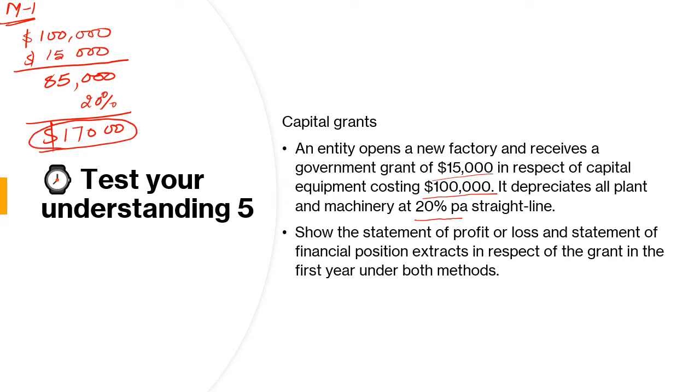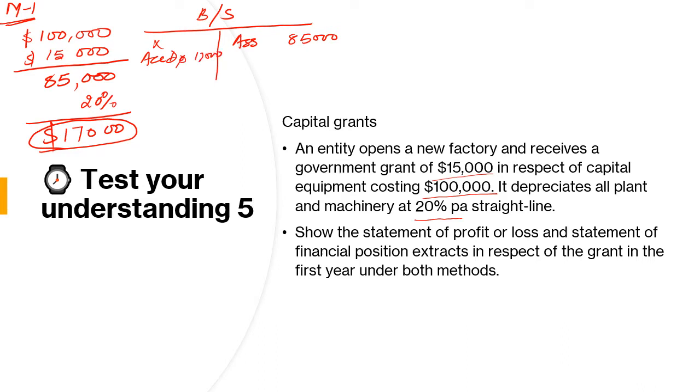Now in balance sheet, asset will come, no grant will come. Asset will come as total cost of asset 85,000 and accumulated depreciation 17,000.